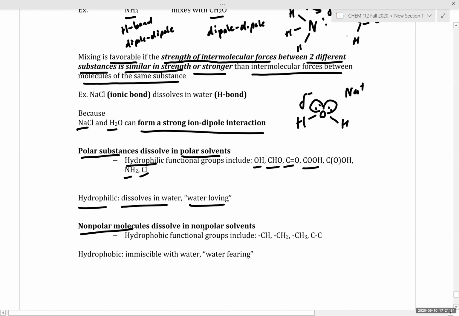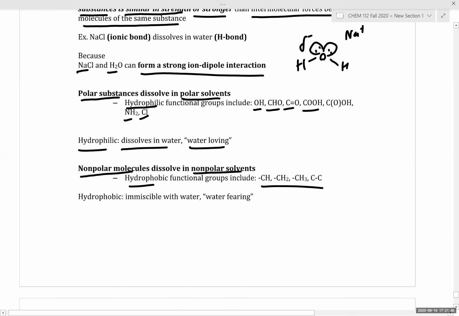Nonpolar molecules generally dissolve in nonpolar solvents. Hydrophobic functional groups primarily involve carbon-carbon and carbon-hydrogen bonds. Hydrophobic, immiscible with water, water-fearing. So we can rationalize this by thinking about the intermolecular forces involved.